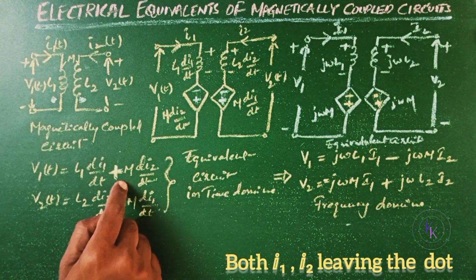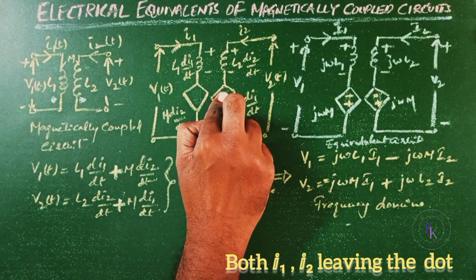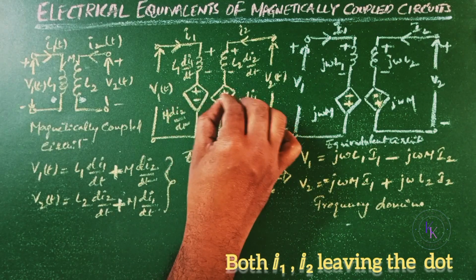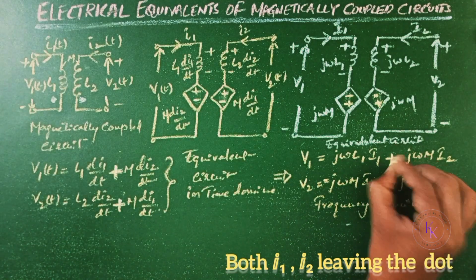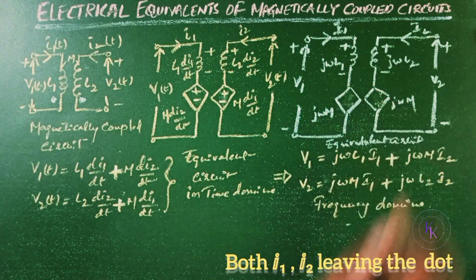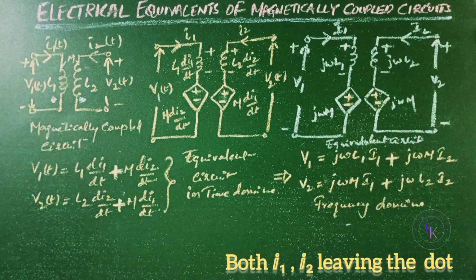Then in these equations, M will become positive. Then the polarities of mutual flux in this circuit will become positive, negative, positive, negative. Here in frequency domain, M is positive, so these two will be positive. And then the polarities in the frequency domain equivalent circuit also change from negative, positive to positive, negative in both the cases.